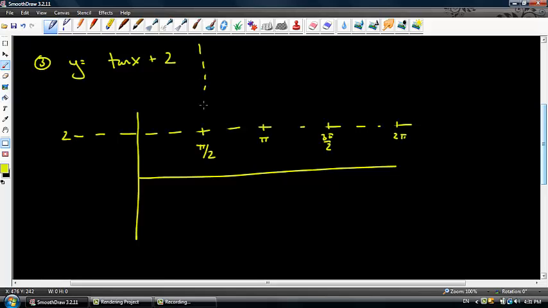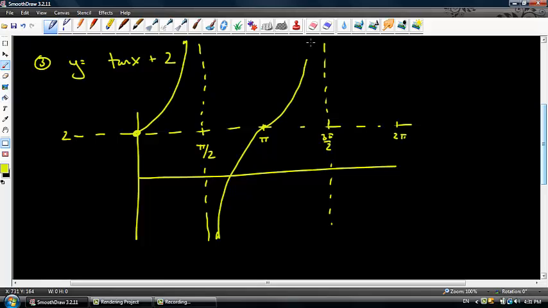My asymptotes are going to occur at pi over 2 and at 3 pi over 2. And then from here at 2, not at 0, at 2, I'm going to have this motion here. So vertical shifts aren't really that hard.